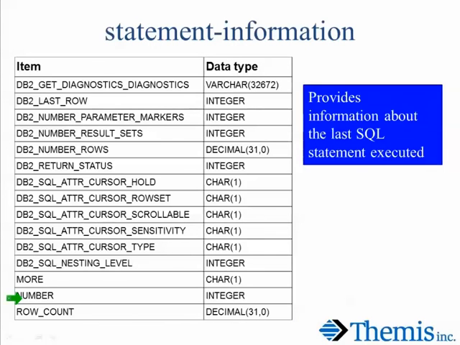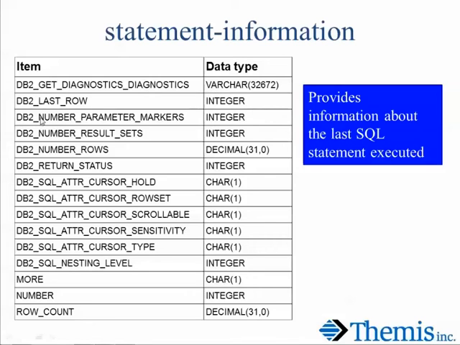We have statement level information. So I can do a GET diagnostic statement and retrieve information about the SQL statement itself. So you can actually go out there and get your diagnostics information. This is the large control block that gets all your diagnostics information.